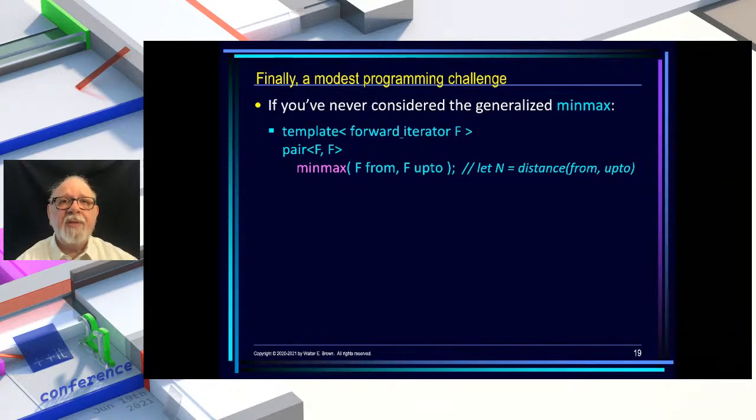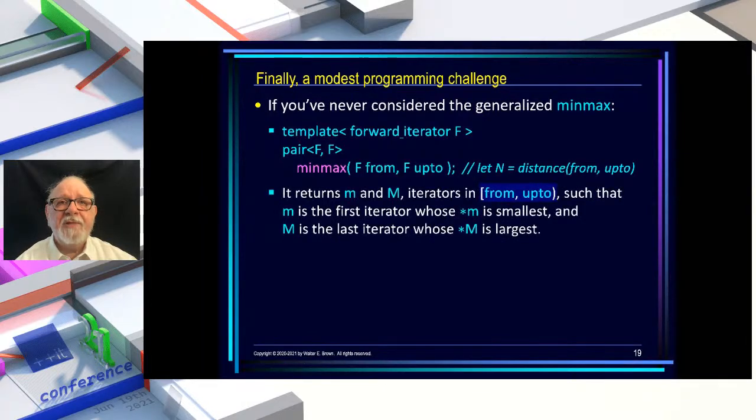And let's assume that we use n to denote the distance from one to the other. Then what we want from this min-max is to return a pair of iterators I've here named little m and big M, which are iterators in the range that was given.